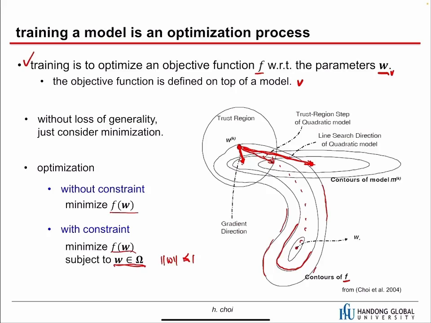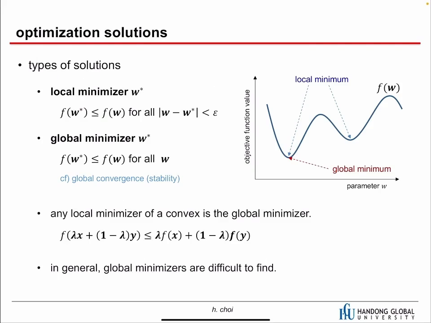Before talking about some specific optimizers, let's talk about some characteristics of optimization solutions. First of all, there are two types of solutions. The first one is a local minimizer, and the second is a global minimizer. A local minimizer can be defined like this. Let's say w star is a local minimizer, then the value of this objective function is lower than the other function values in the local area.